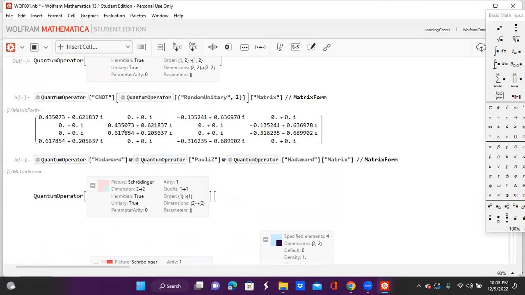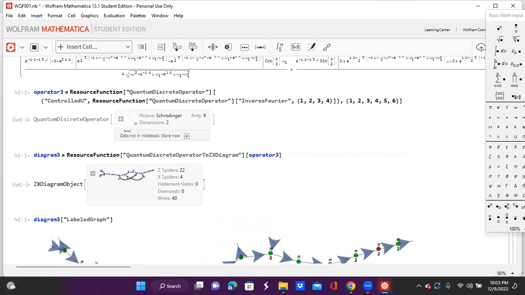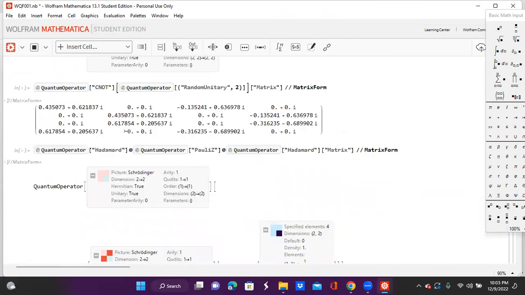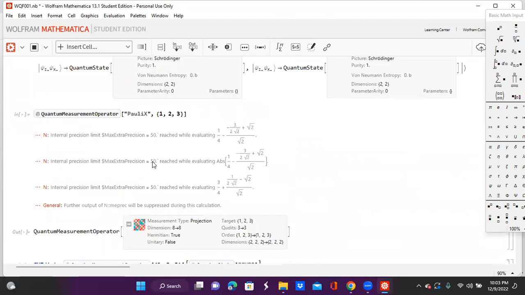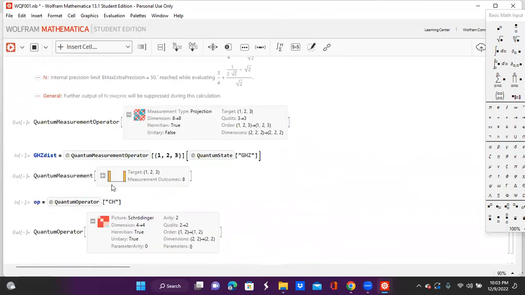Oh, and then this is where were we at here? This is the maximally entangled state superpositions. It's either all off or it's all on.